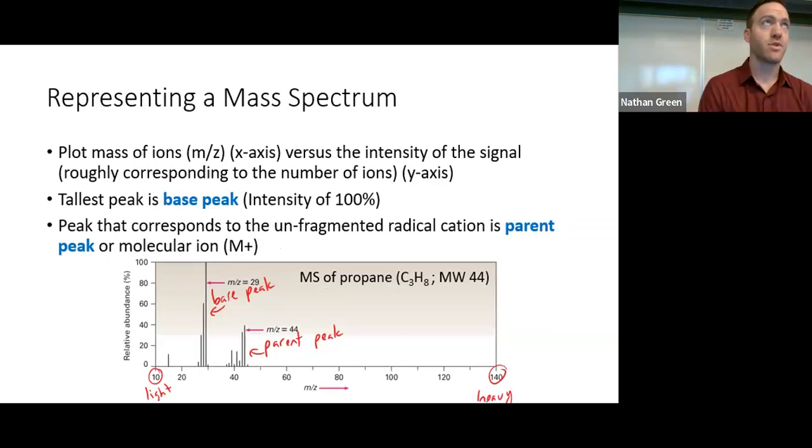If your organic chemistry professor was going to test you about mass spec, some basic information they would want from you would be like they would give you a mass spectrum like this one, and they would say, label the base peak and the parent peak. And you would do exactly what they just did here, and then you'd get full credit for that problem.